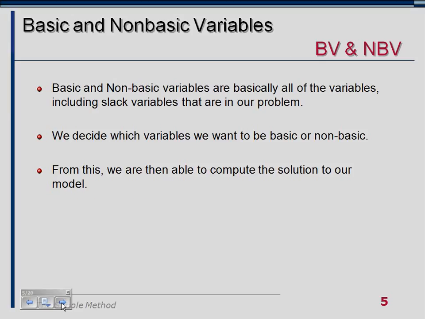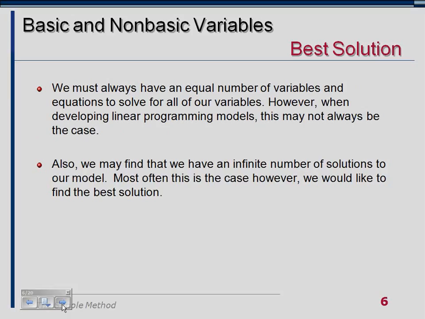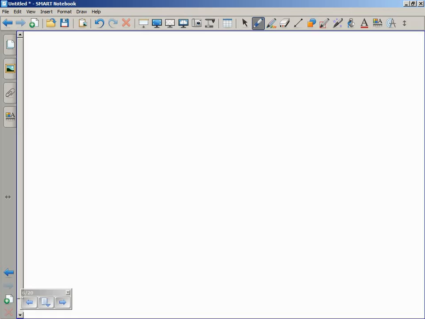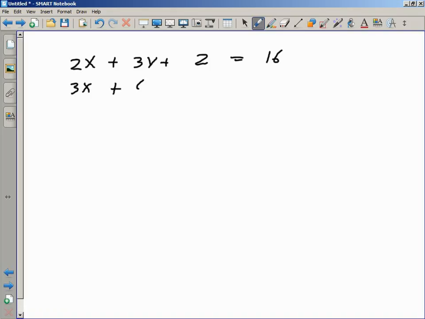Okay? Now, as a little example, let's suppose that I give you this problem. 2x plus 3y plus z is equal to 16. 3x plus 6y plus 2z is equal to 24.